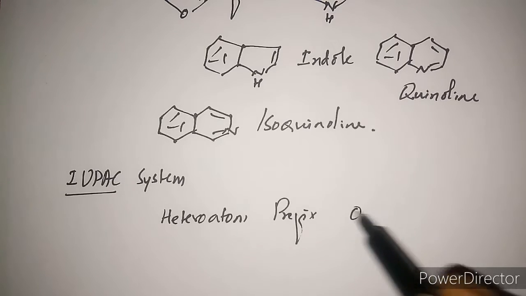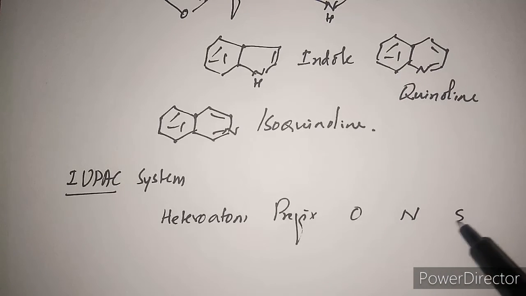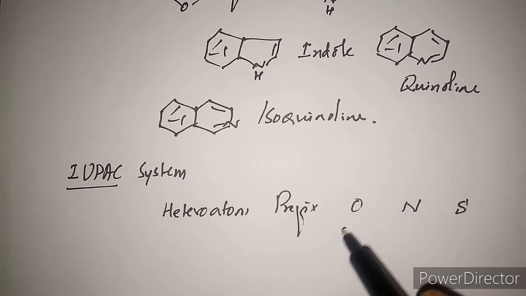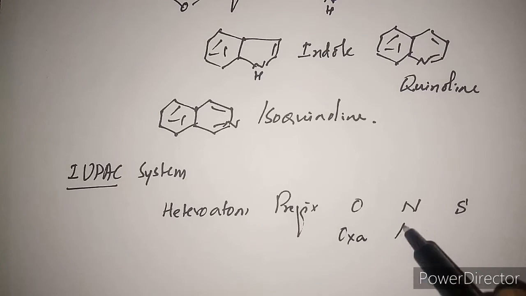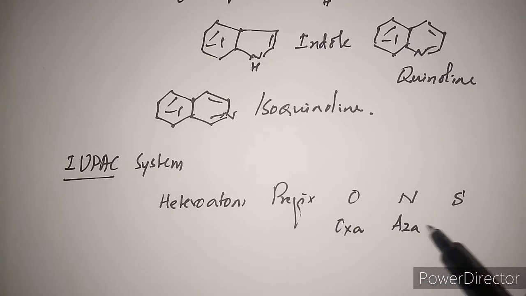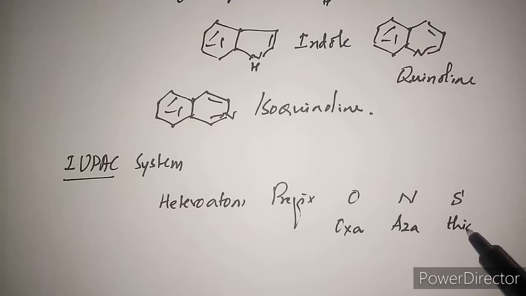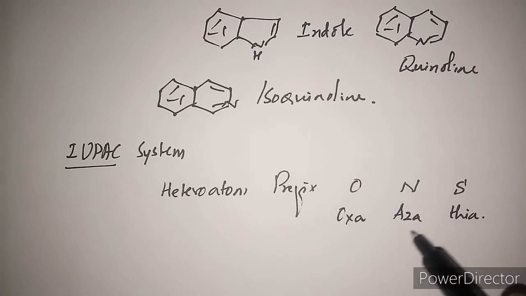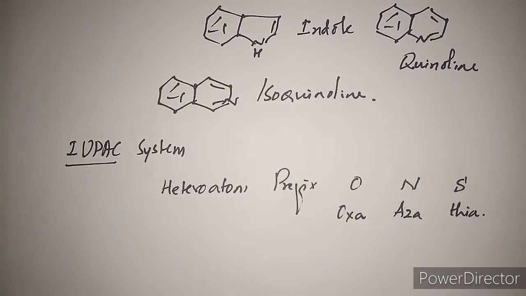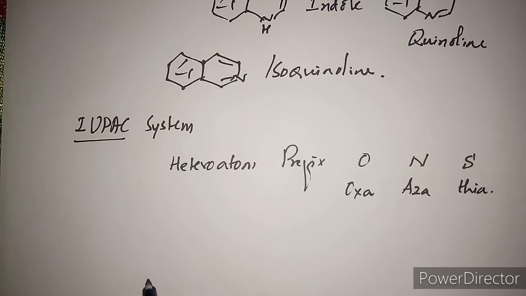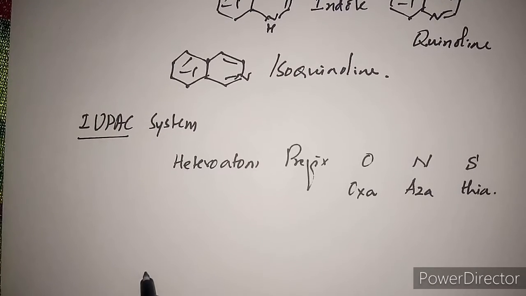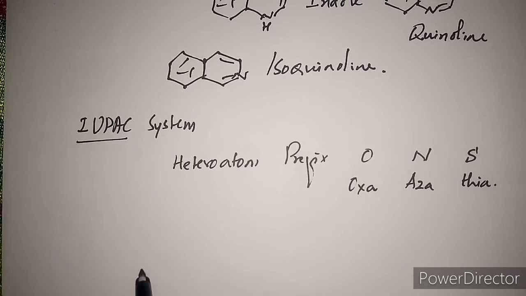For example, oxygen, nitrogen, sulfur: for oxygen we need to use oxa, for nitrogen we need to use aza, for sulfur we need to use thia. These are the prefixes, and then we need to use suffixes. That depends upon whether the ring system contains nitrogen or not.